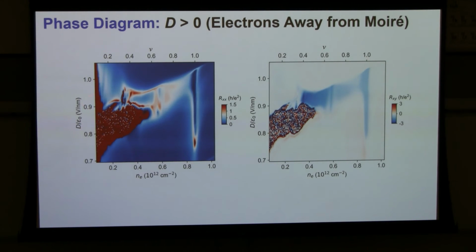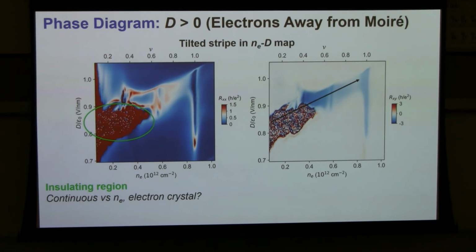And you see there is a region that's taking a tilted stripe shape in the n-D phase diagram. Overall tilted this way. And half of it at the lower density part looks really, really insulating. It's so insulating that there's no current flowing through, and you cannot really measure the Rxy reliably. That's why it's all fluctuating here.